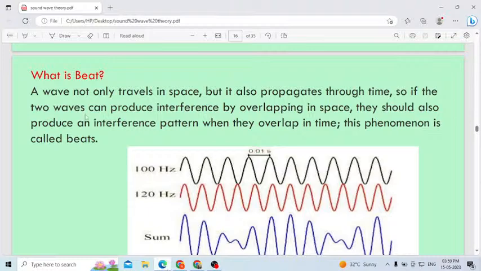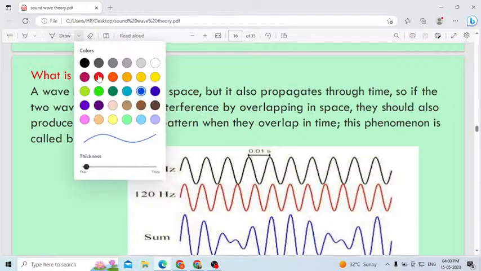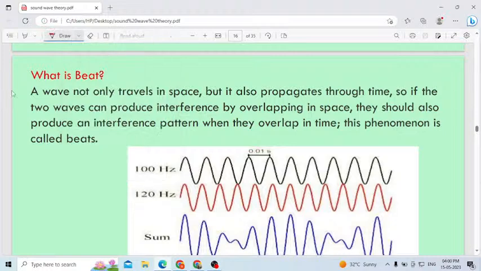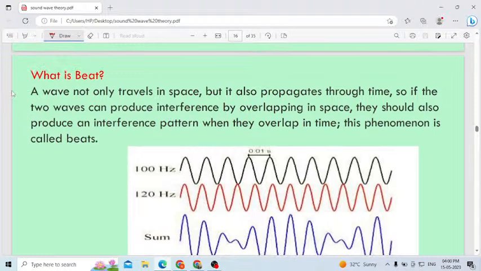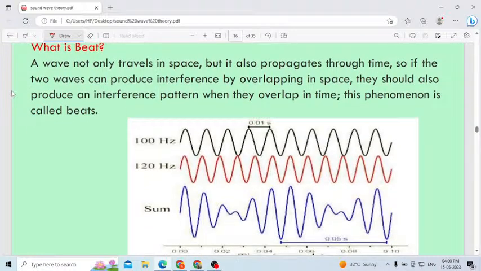Yes, let us discuss in detail what is meant by a beat. What is a beat? A wave not only travels in space, but it also propagates through time.